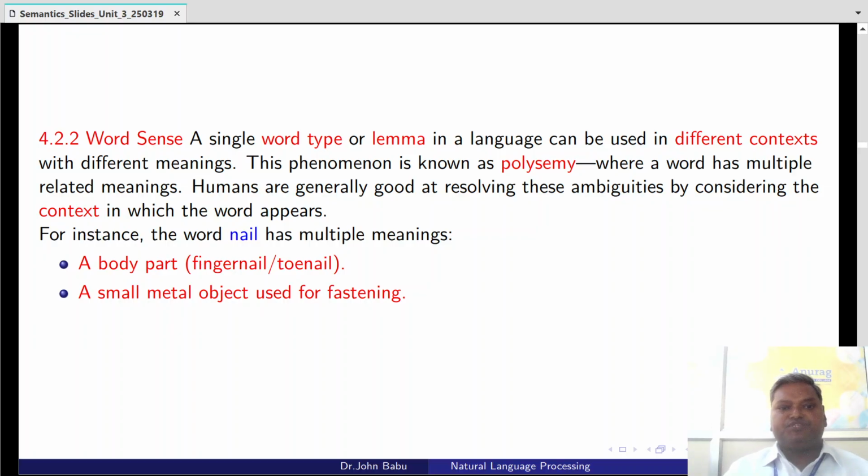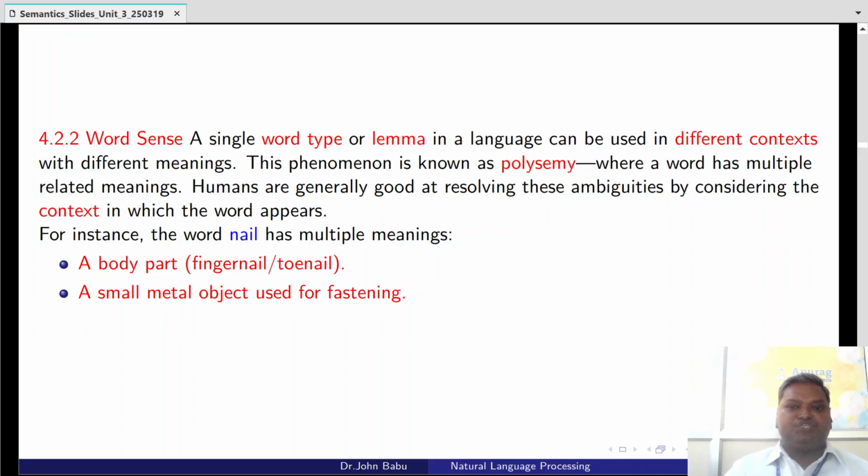That is known as polysemy. Then there is another phenomenon called homonymy, where the same spelling, same word, but the meanings are not related. They are different meanings, and they don't have any relation in between.